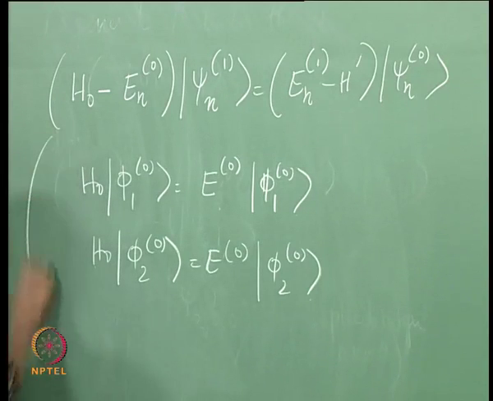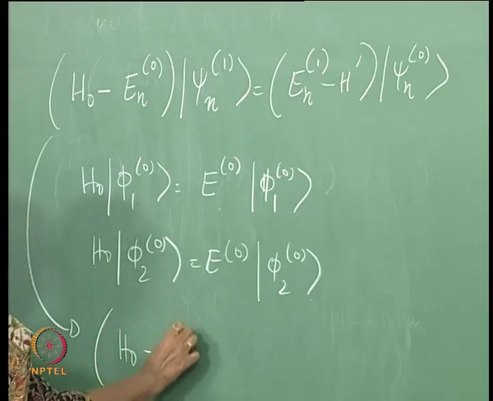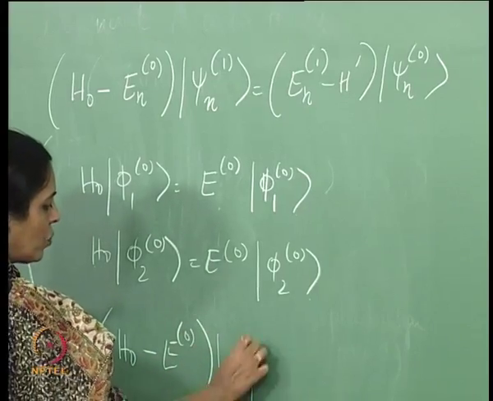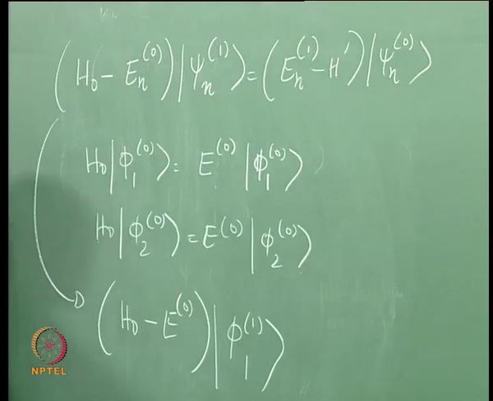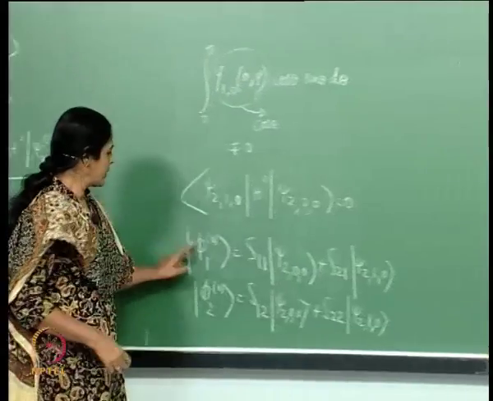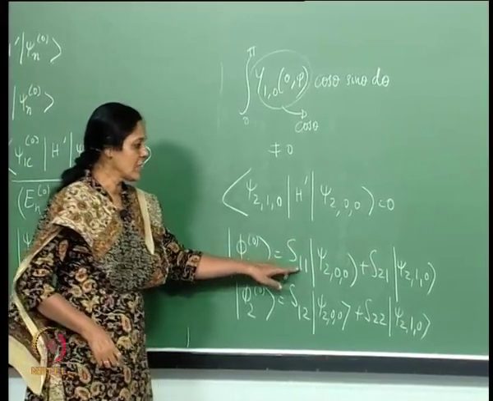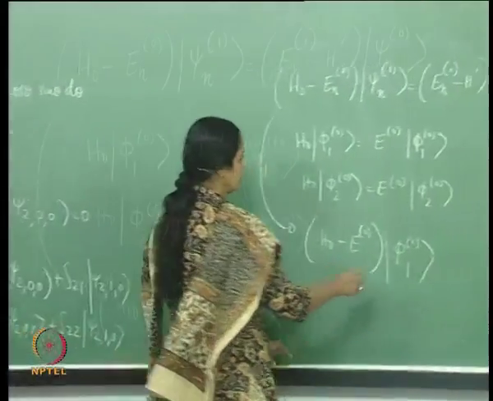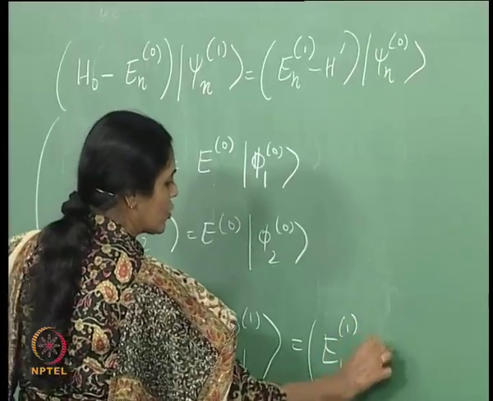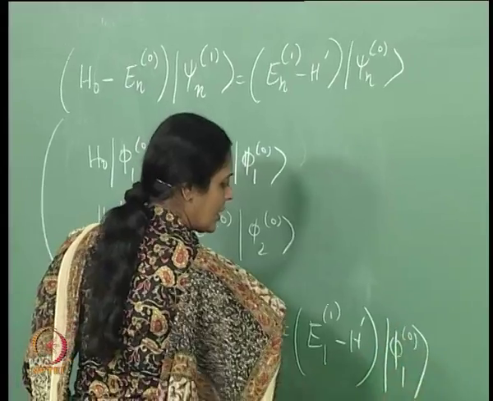So, in this case I merely have H naught minus E 0 acting on phi 1 1, that is the first order contribution to the state phi 1, where the 0th order contribution was written like this. That is E 1 1 minus H prime acting on phi 1 0. That is my first equation.